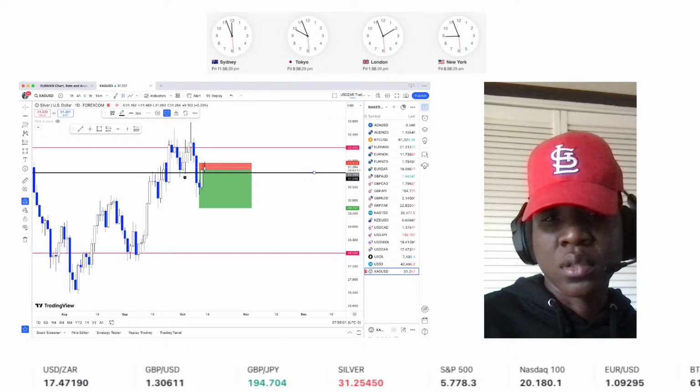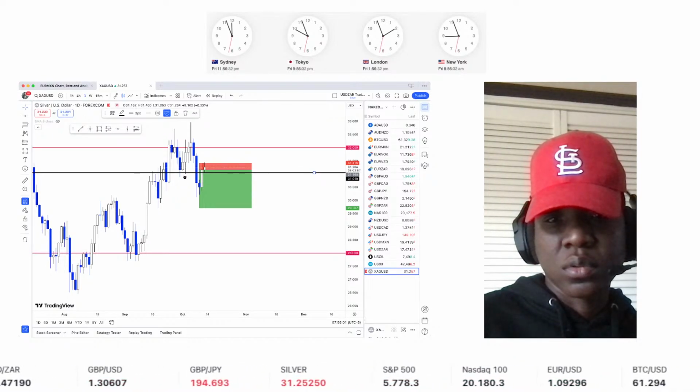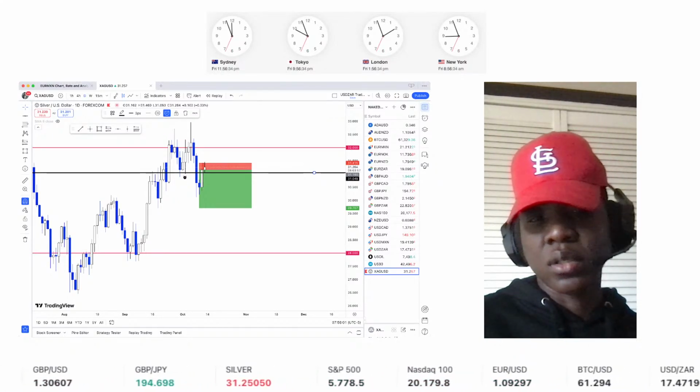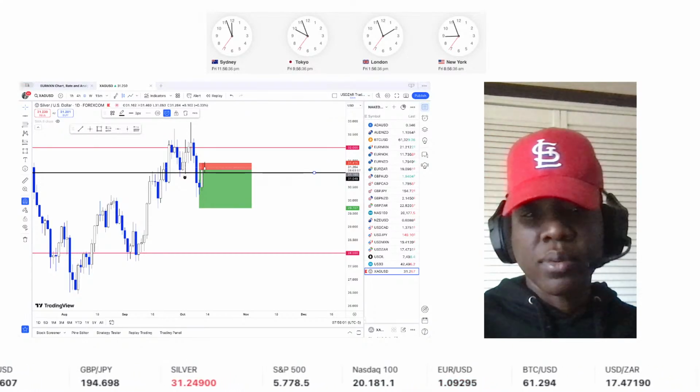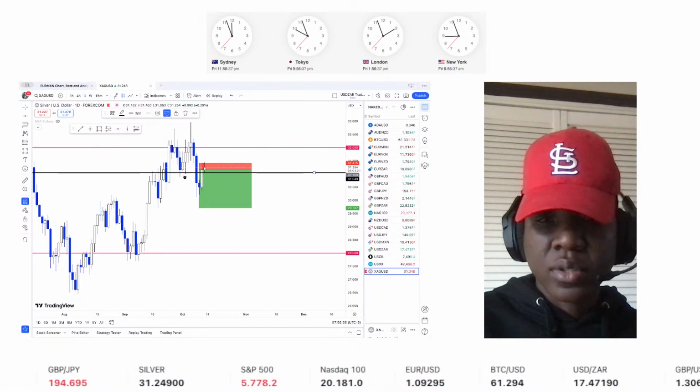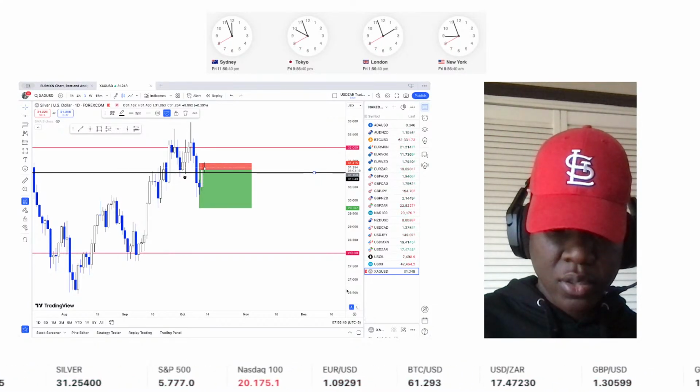One, two, three. All right, boom. So just opened up 3 more positions on Euro Mexican peso.